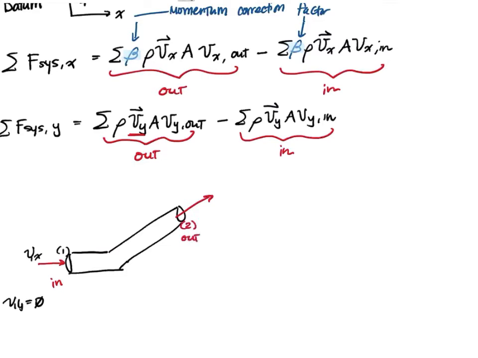Then we would have to break this velocity vector into its two components. So this is V2, this is V2y, and this is V2x. If you have some angle here, you must consider that angle, where V2x is going to be V2 cosine theta, and V2y is going to be V2 sine theta.